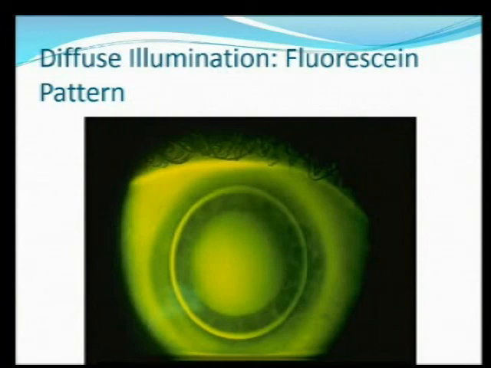In this case here, we're observing a rigid contact lens on the cornea, and if you look at it carefully, you can see there's some pooling around the edge of the lens, and there's a whole concentration of fluorescein centrally. So this would be an example of a steep-fitting gas perm lens on a spherical cornea, because the appearance is the same in all meridians. We'll get into analyzing fluorescein patterns later in the weekend.